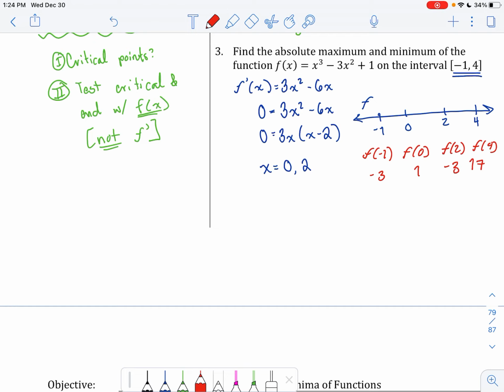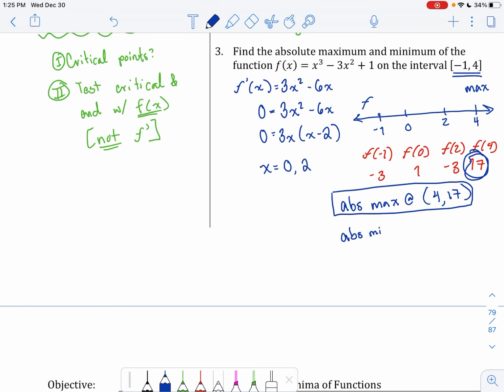So again, we're looking for the absolute maximum here because 17 is the biggest of these four numbers. So the absolute max is at 4, and it's 17 as the ordered pair.